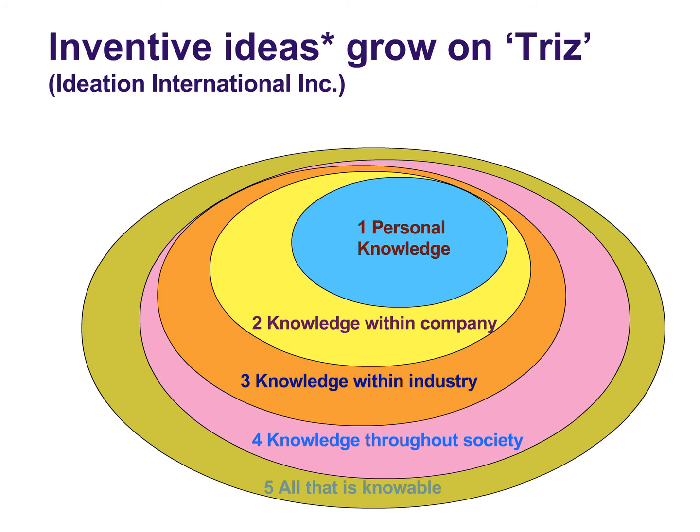That's the orange color. And then throughout the society there are multiple industries. If we pull all those knowledge together, we have the knowledge throughout society, the pink color. And then different countries, different societies, if we pull them all together, that becomes the last one: all that is knowable. That's the idea of the knowledge.